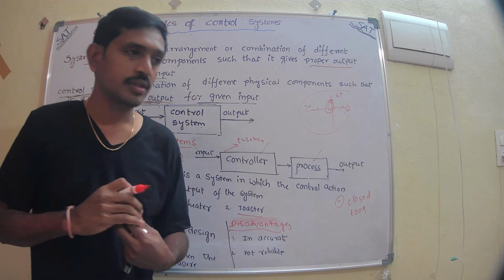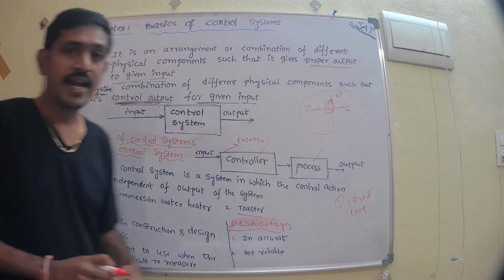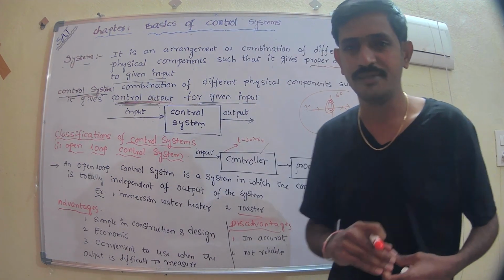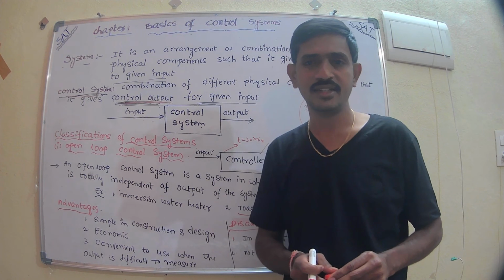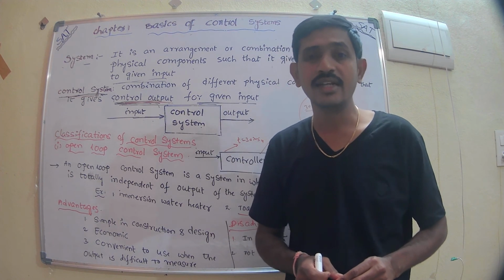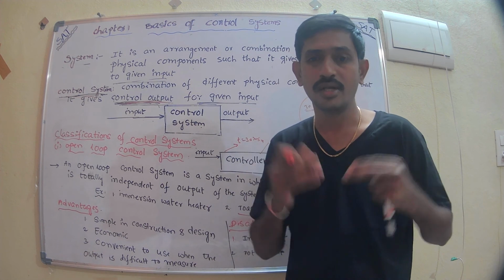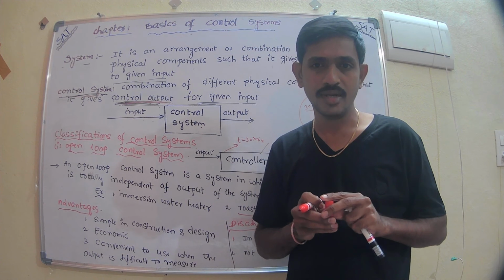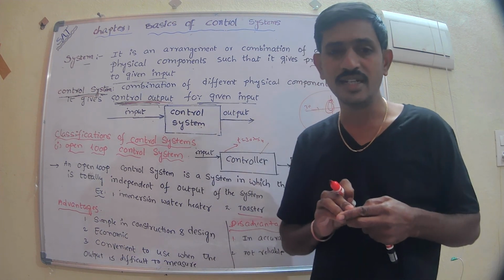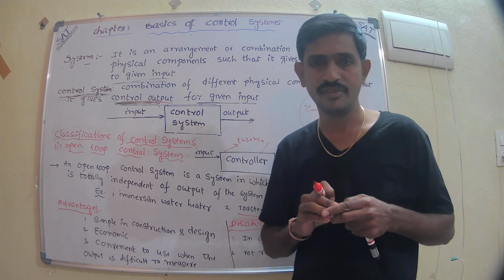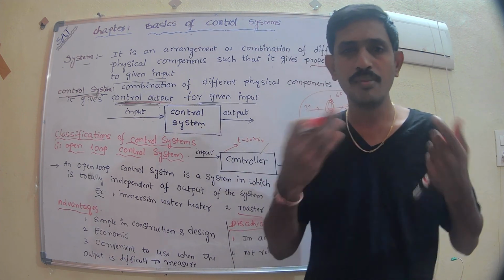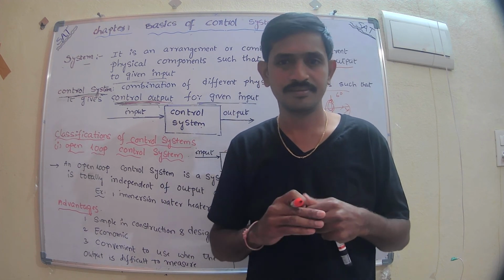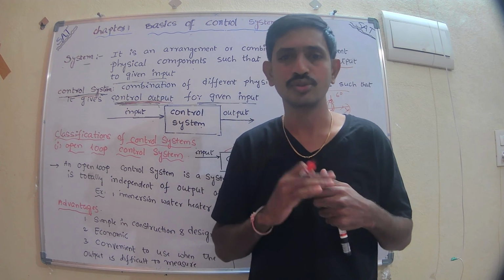Now coming to the advantages and disadvantages. What is the main advantage of the open loop control system? It is very simple in construction and design because it has only a small number of components. For example, if we have many physical components, connecting all of them will take more time. Here it takes less time.